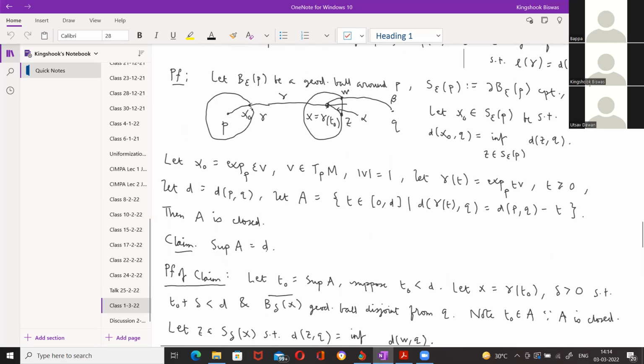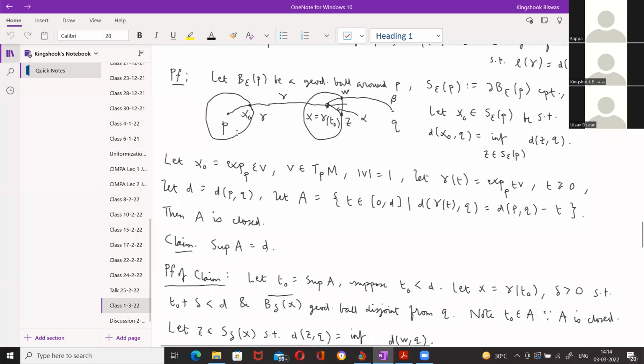And that will tell us that the time epsilon belongs to the set A. That will tell us that the distance from gamma epsilon to q is equal to distance pq minus epsilon. So epsilon belongs to the set A. Epsilon is positive. So T naught is greater than or equal to epsilon. Okay, so therefore T naught is positive. Is this clear? Yes, so this is the point I forgot to mention, that the supremum is positive.